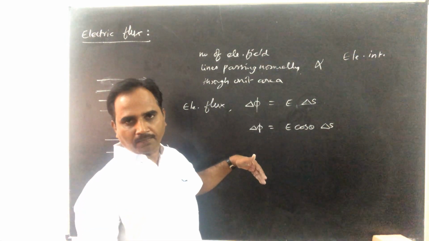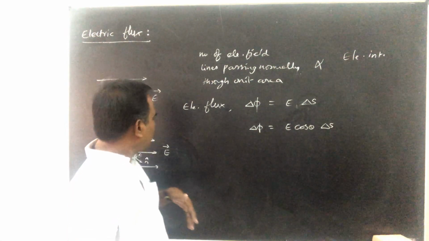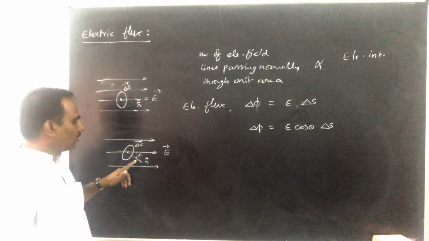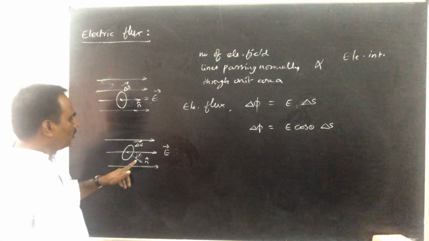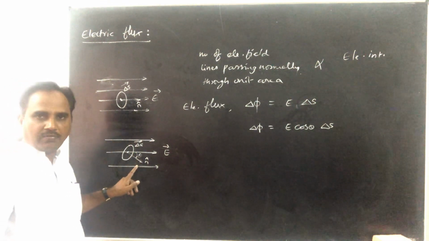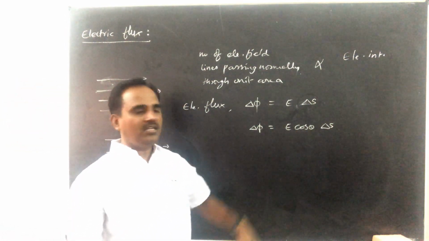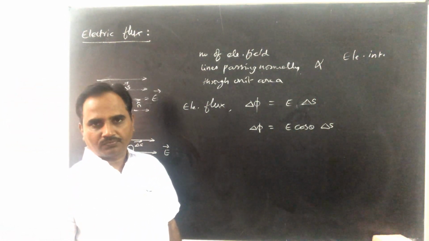In case the electric field makes an angle theta with the direction of area vector, then you have to consider the component of electric field along the direction of area vector, that is E cos theta, and the flux is given by E cos theta dS.